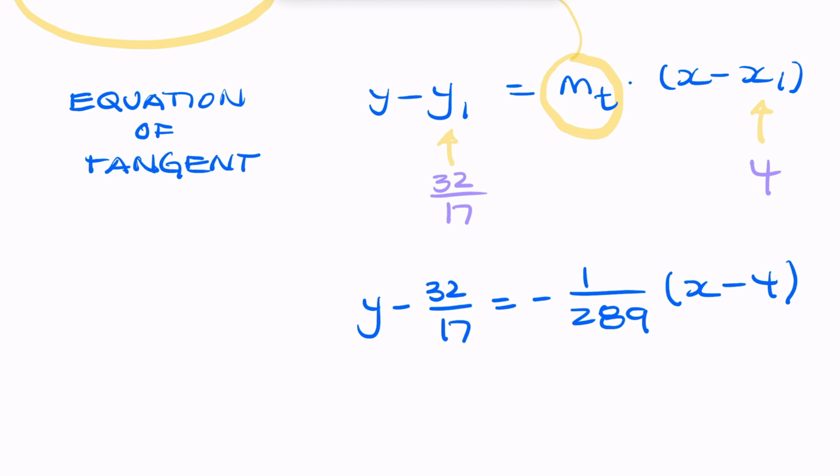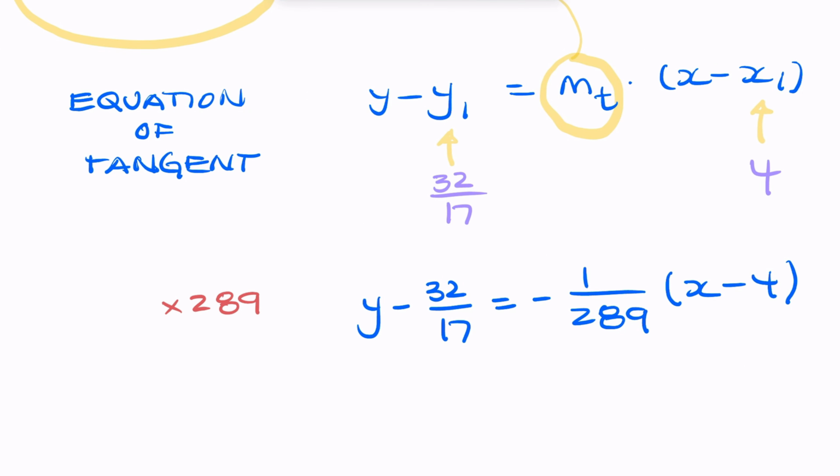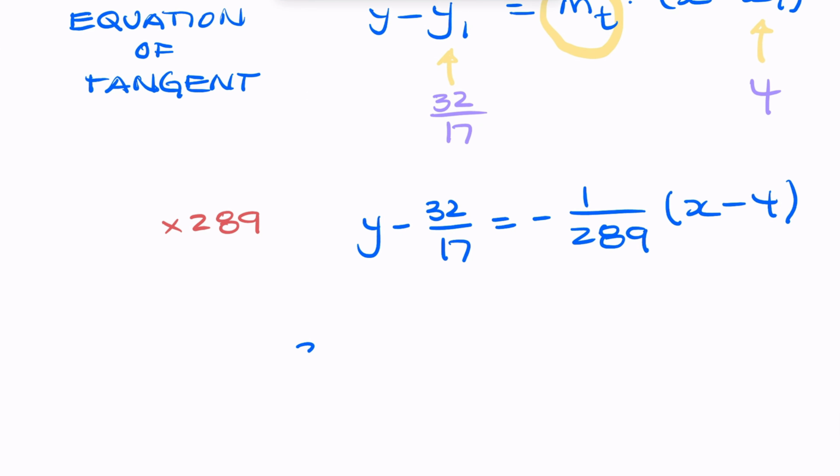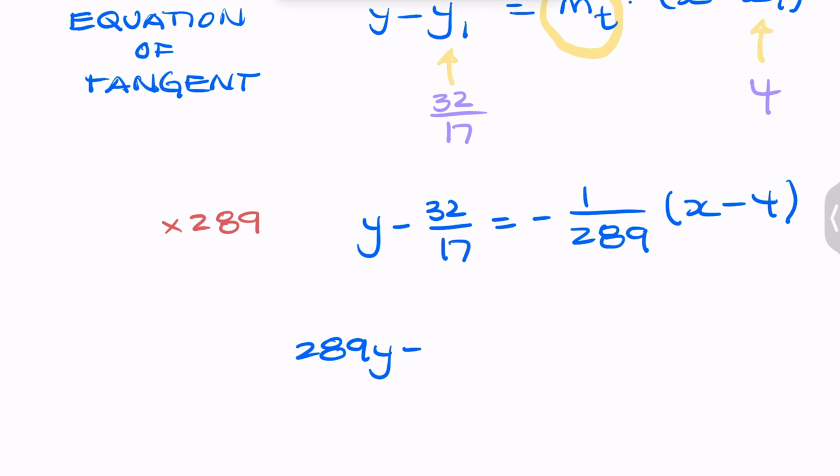You can probably multiply everything by 289. So 289 divided by 17 is 17. So that gives you 289y minus 17 times 32, 544, equals negative x minus 4.